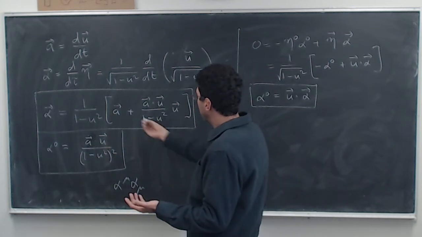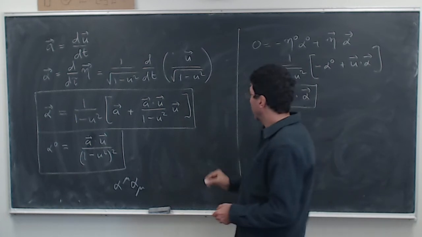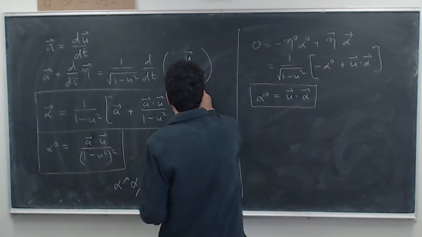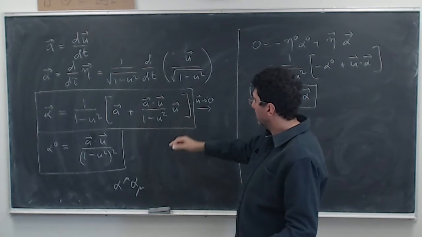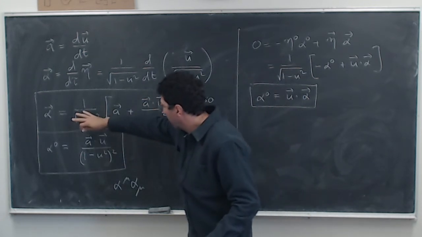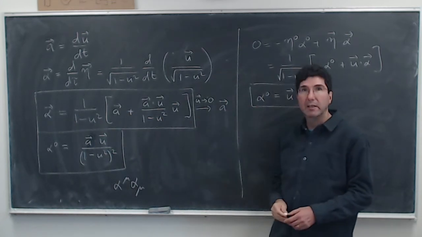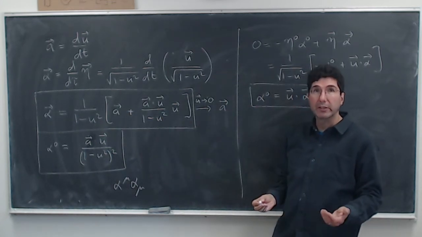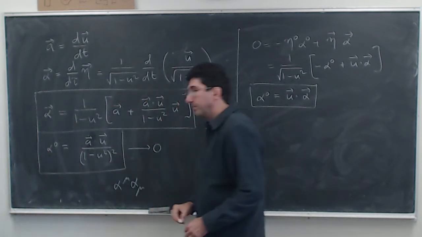And so we see that we can go to a reference frame where u is instantaneously 0. And when we do that, it's very easy to see that almost everything goes away here. This term completely goes away. This denominator is just 1. And so the alpha vector just becomes a, the ordinary acceleration. And the alpha 0 just goes to 0.